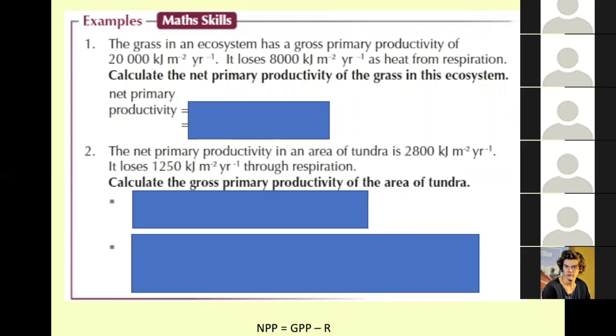Obviously, number one is probably too easy for an A-level question. You all got your calculators?